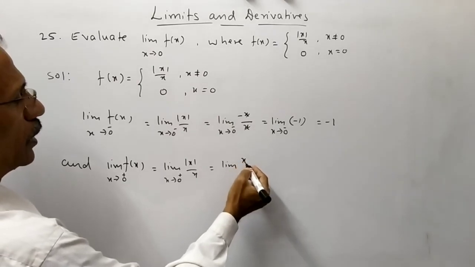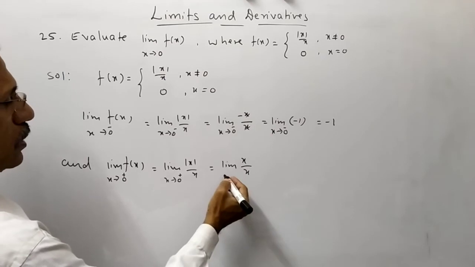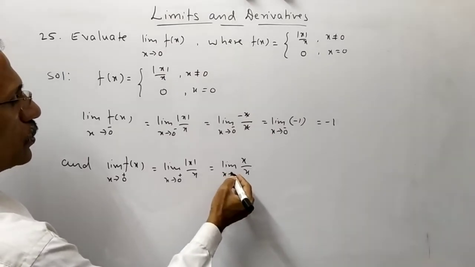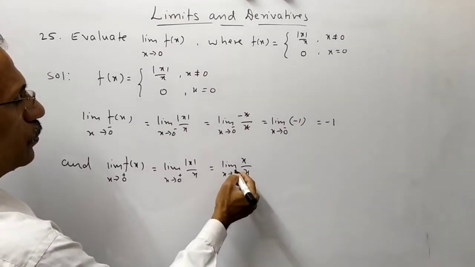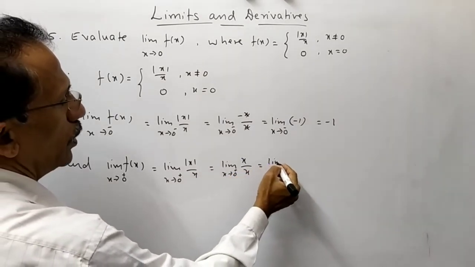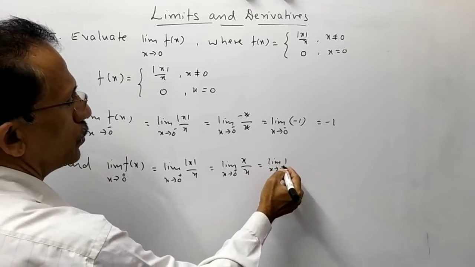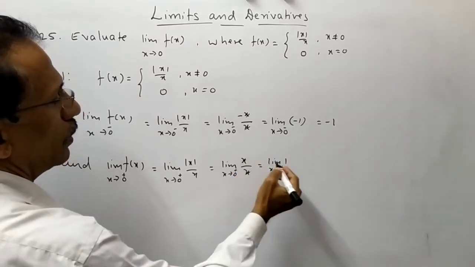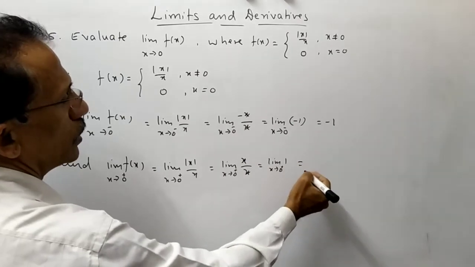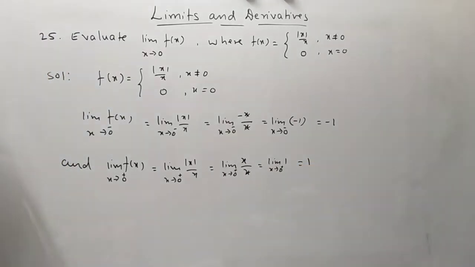Therefore, we can write x divided by x when x tends to 0 from right side is equal to limit of 1, a constant function. Therefore, we will get 1.